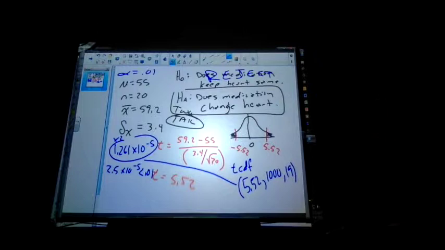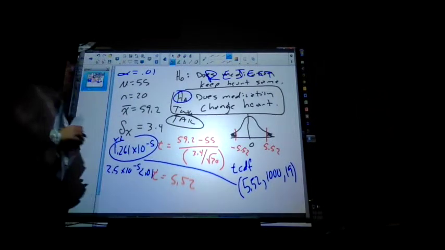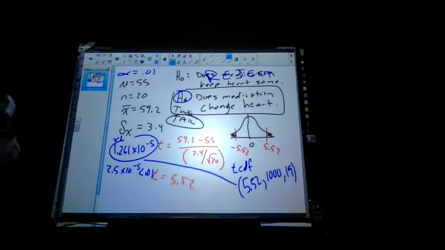We reject our null. Okay? Does the medication keep the heart rate the same? No. It's pointing to the indication that this is true. Okay? Even with just 20 people, our information is showing us that the medication will influence the heart rate.